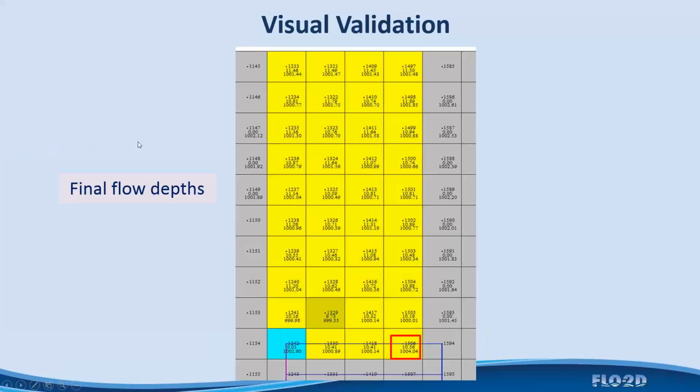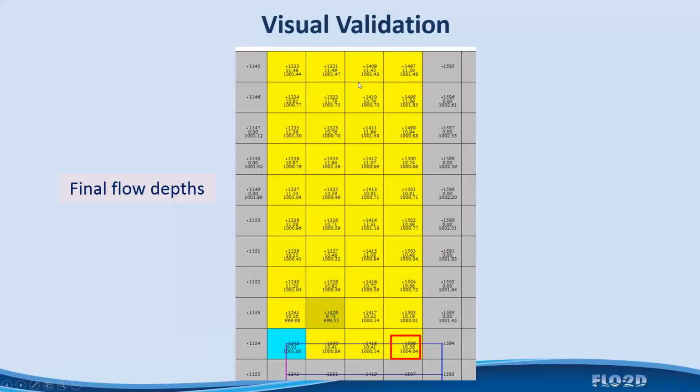Now, if you look at the final flow depths in a mapper or in your own mapping tools, you can see the inflow at the end of the simulation, because it was steady flow throughout the model at that point, not necessarily uniform. You can see at the top, where the flow is entering the model with a hydrograph, these water surface elevations at the end are pretty reasonable.